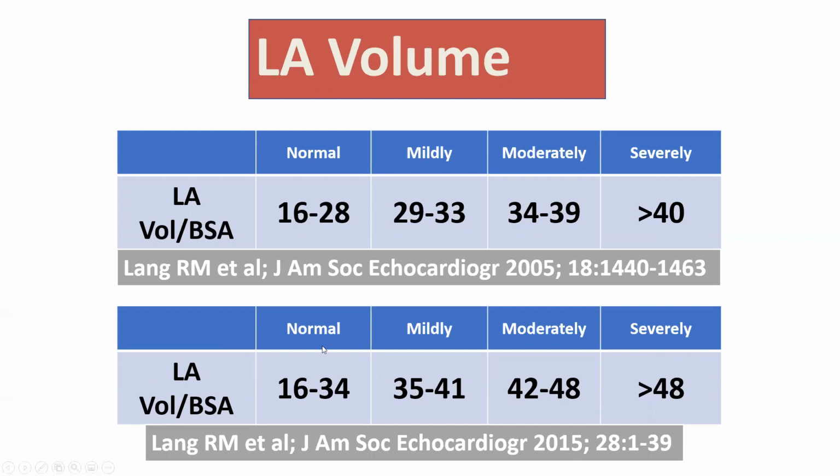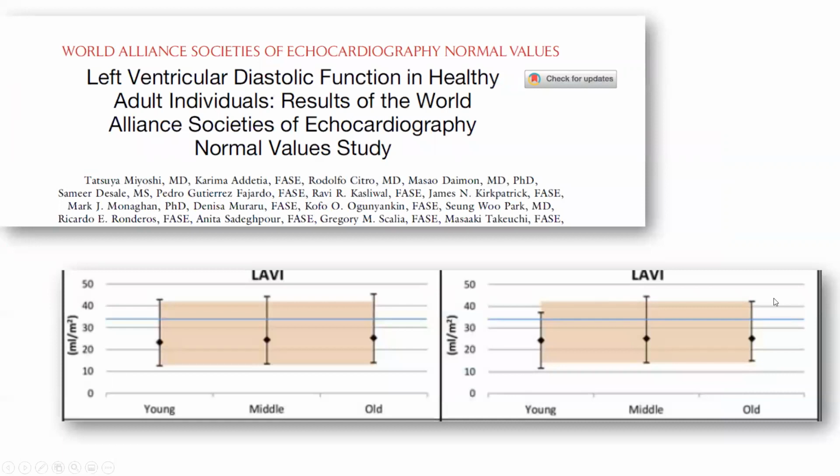Now, I'm going to go off the reservation here for a second and tell you that it is possible that that left atrial dimension partition value may be a little bit small.